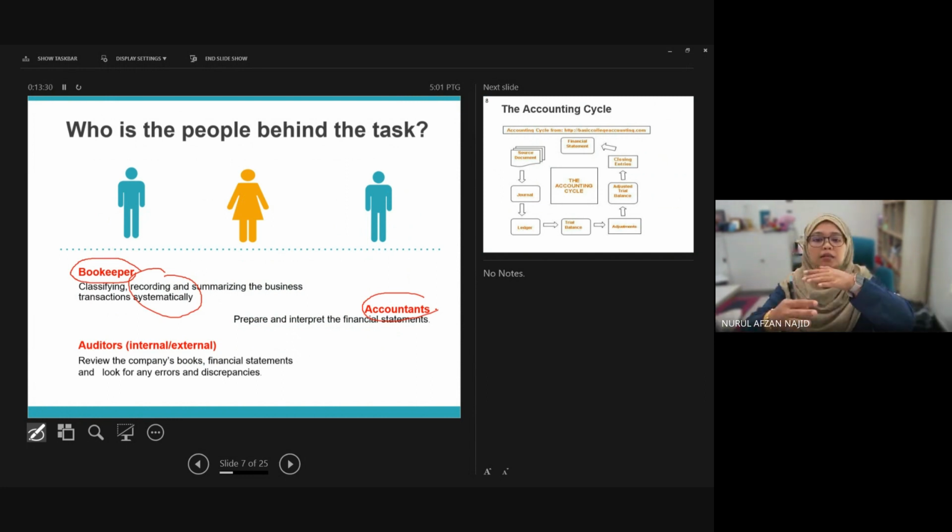Dia akan summarizekan all the business transaction yang berlaku dalam company tersebut. Okay, while the accountant will prepare the financial statement, prepare the statement of financial position, prepare the income statement, profit and loss, and interpret actually what happened to that particular business or organization.